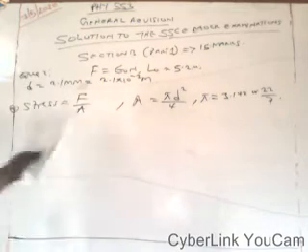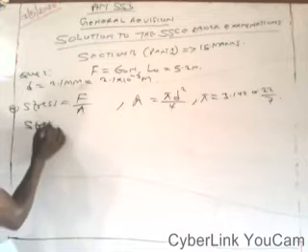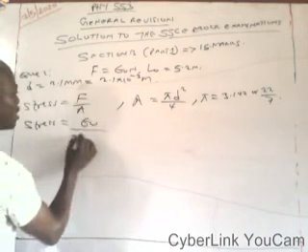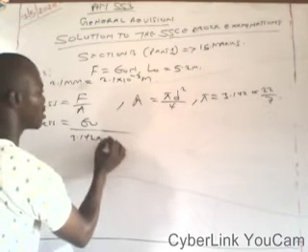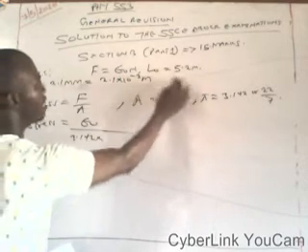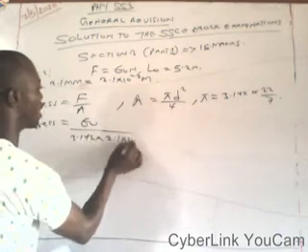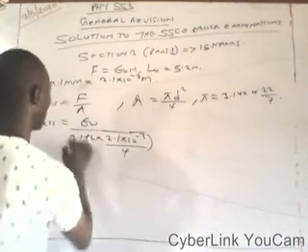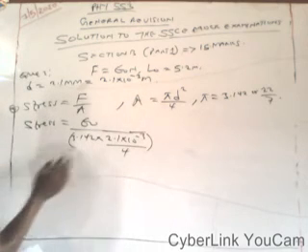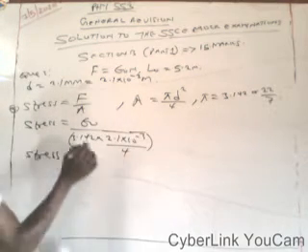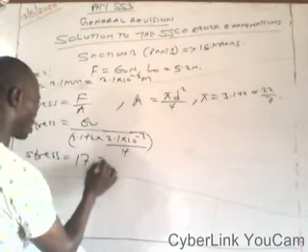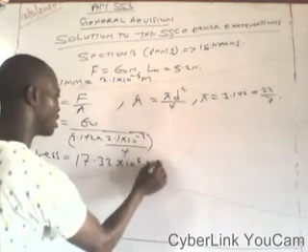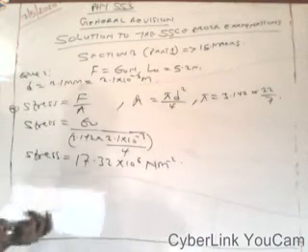Now, substituting all these parameters, we have stress equal to 60 over area, that is 3.142 times d, our diameter, 2.1 × 10^-3, squared, then over 4. If you use your calculator to find the final answer, we obtain 17.32 × 10^6 Newton per meter squared.